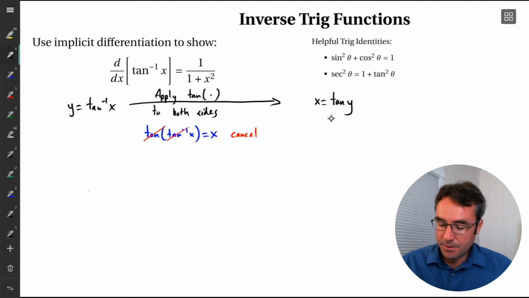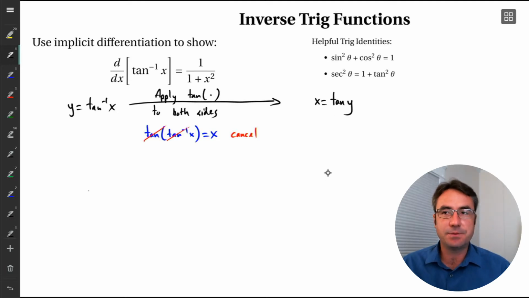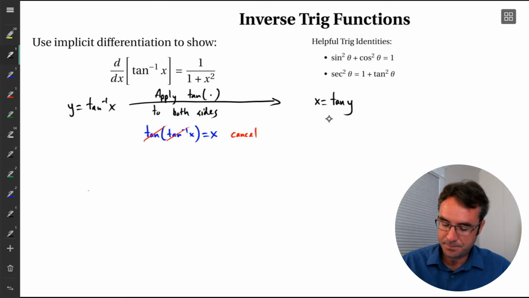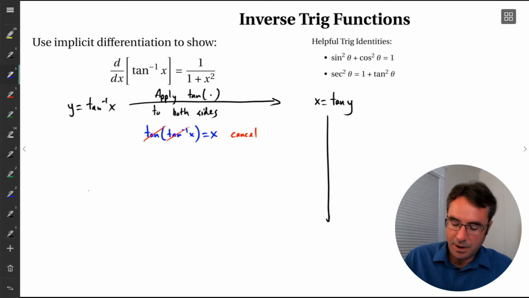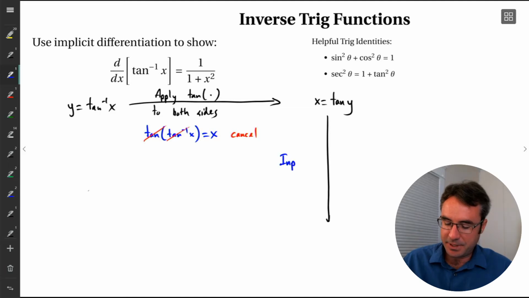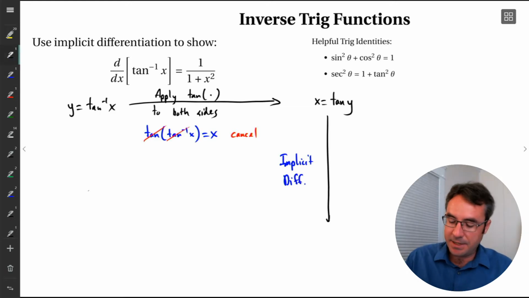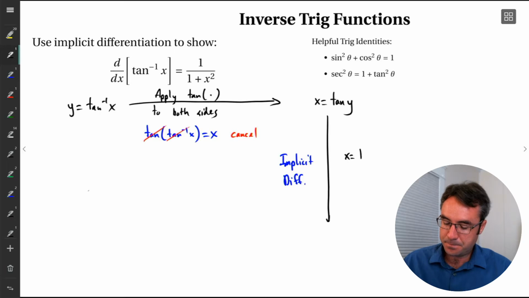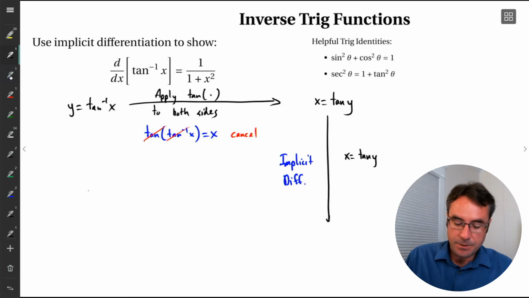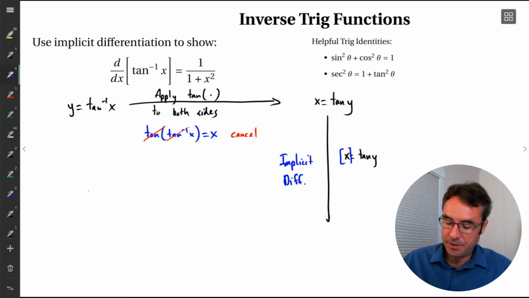All right, from here, then we want to actually do our implicit differentiation. So this is where our implicit differentiation takes place. We just apply the derivative to both sides, to the left side and then to the right side.